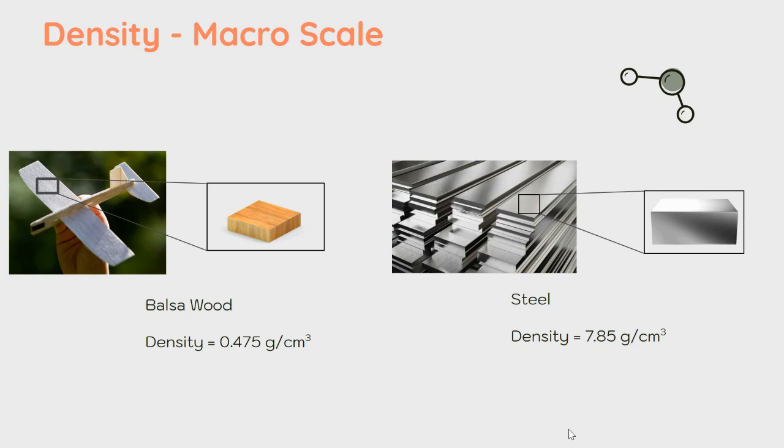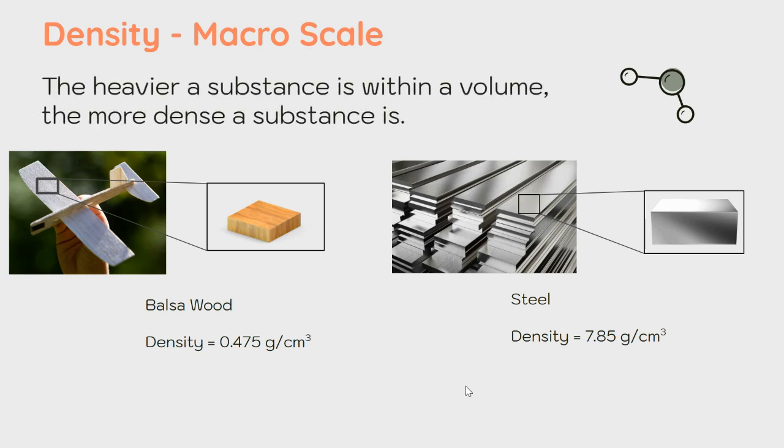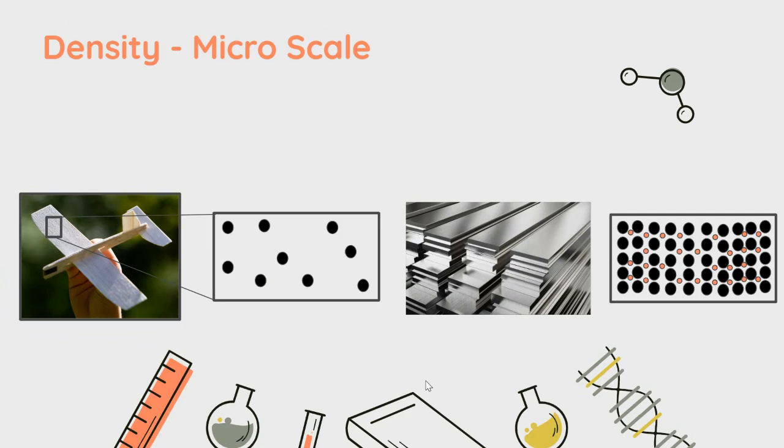Now, what does this actually look like on an atomic scale? If we were to take a small section of balsa wood and the same size section of steel, we would see that the atoms in balsa wood on the left here are more spread out. They're also going to be different elements, which we'll get to in a later unit, but right now it's okay to think of them as just more spread out.